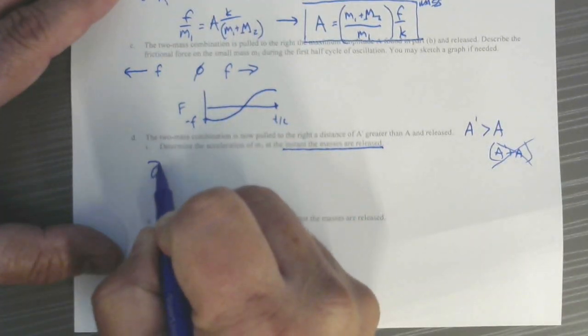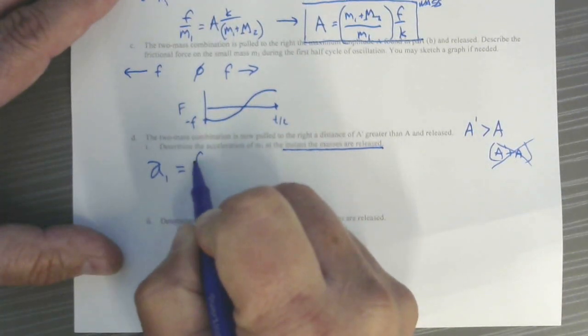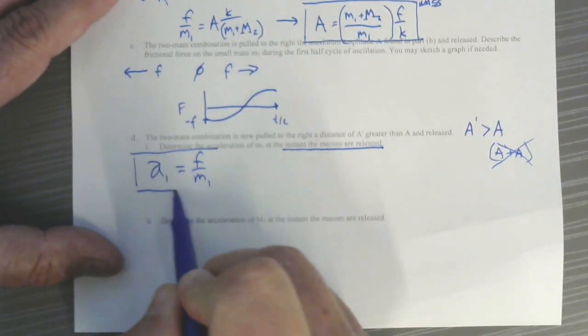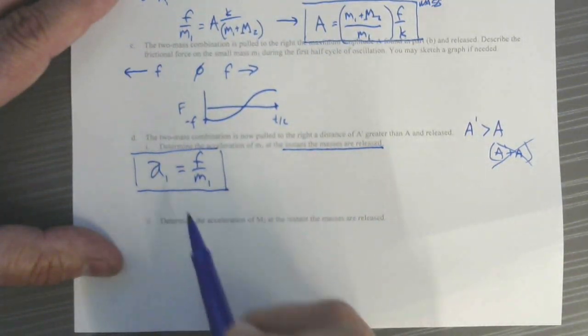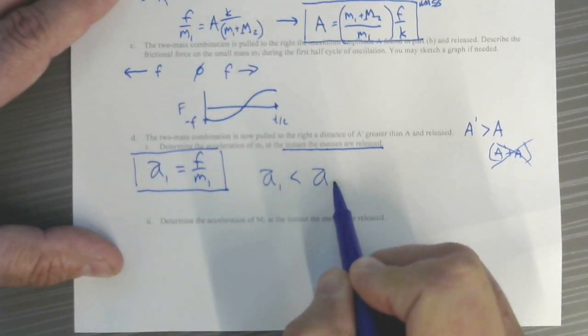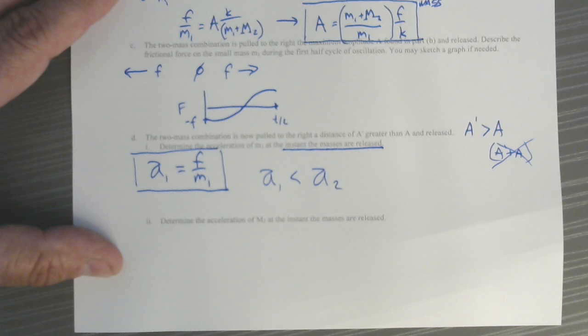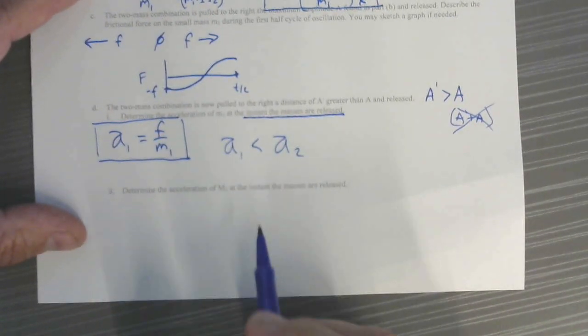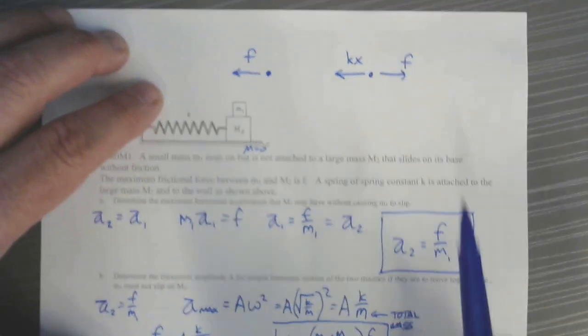So the acceleration of mass 1 when they're released is just going to be its maximum value, which it was before. And the point is that this is going to be less than the acceleration of mass 2. They're no longer equal. They're going to be slipping relative to each other. And now the acceleration of mass 2 is going to be easy to find. We have a free body diagram up here.